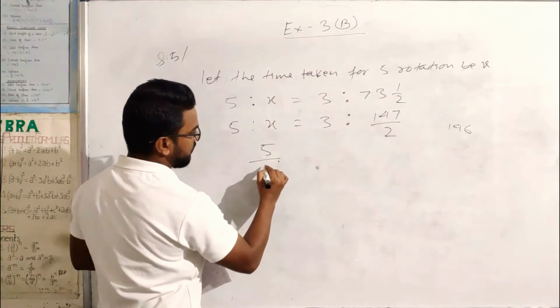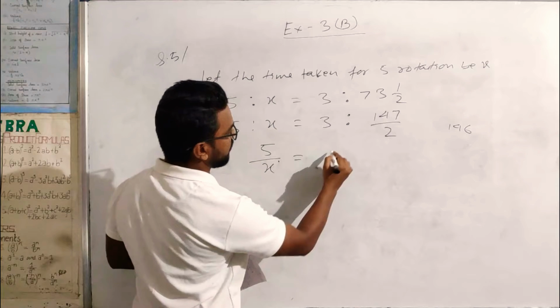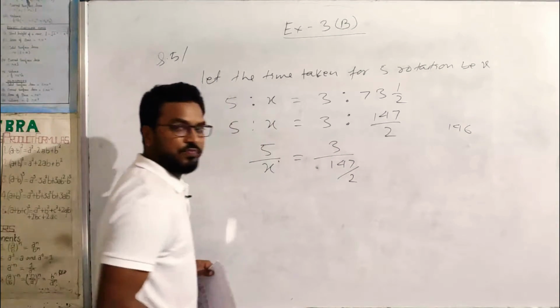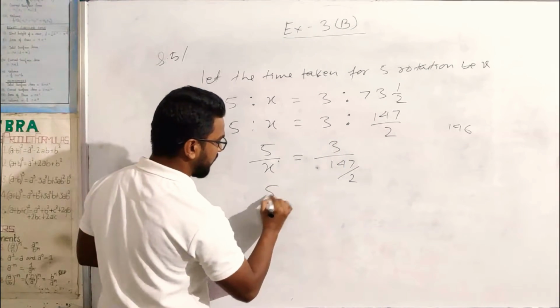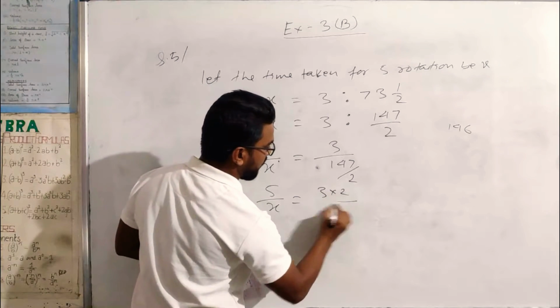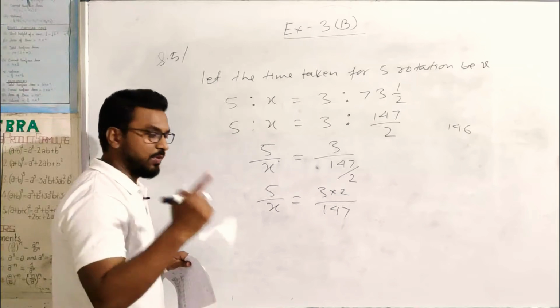We can write this in this form: 5 ratio x is proportional to 3 ratio 147/2, right? So we'll take these two in the numerator. So this will become 5 by x is equal to 3 into 2 by 147. Next what we'll do? We'll cross multiply.